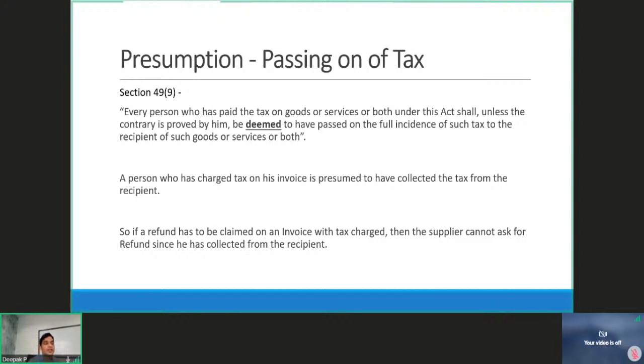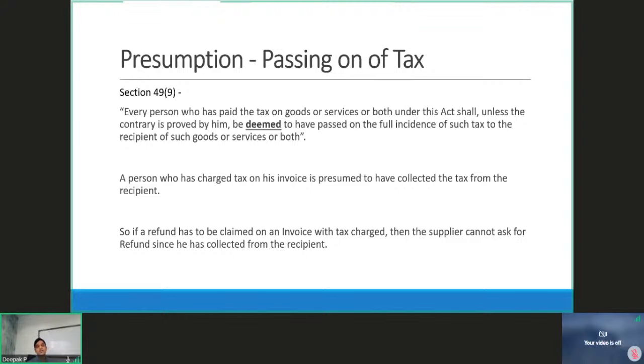This is called the concept of unjust enrichment. So I cannot say, no, sir, I have collected the tax and I have paid it. If later there is any change in law or for some reason something happens, I cannot go and claim a refund. Say today we are on the 3rd of October. On 1st of October, I have made some sale. Today also I made some sale. Now the government says that from 1st October, whatever transaction has happened is exempted.